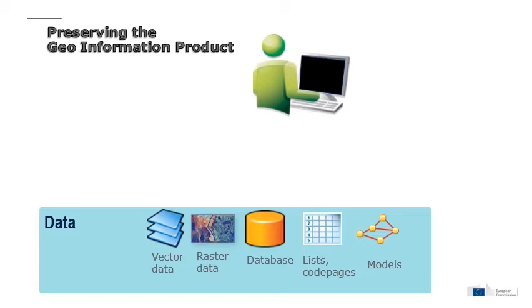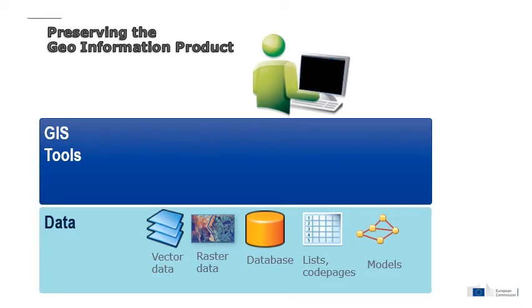So every map, every parcel map or map of the current building area, or anything that is produced in an official way, is an information product. In order to have the information product, we need to have the data, which come in the forms of vector data, raster data, databases, lists, code pages, and models. And then the GIS tools that we used and how we use them in order to produce that information product.